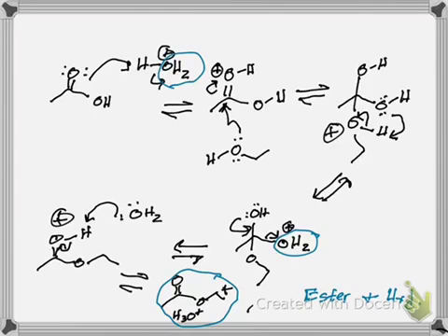But what I want you to notice here is there's acid in the beginning and acid out at the end. So this is another one of these acid catalyzed processes, meaning you don't have to dump in 3 equivalents of acid to get this to work. 1 or 2 mils will usually do the job just fine. All right, this is the Fischer esterification, and I want to leave you to work on this problem.